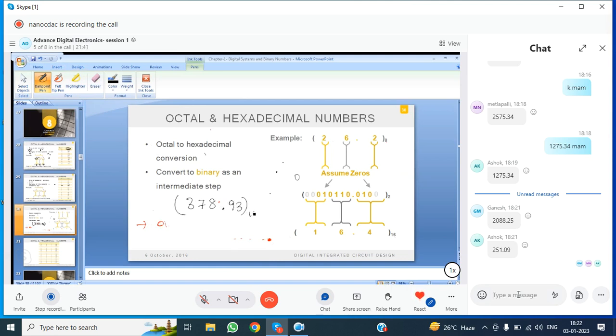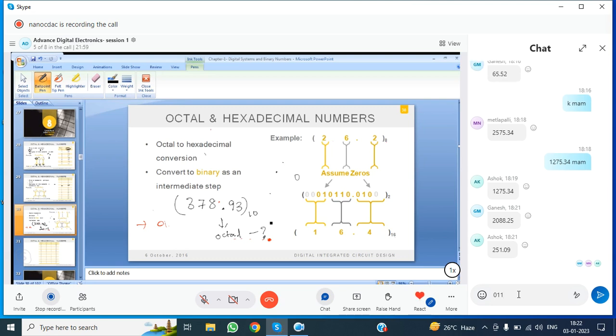Okay. So base 10. Base 10 is representing what? This is decimal. Okay. So convert to octal. What is the octal equivalent for this? 378.93.